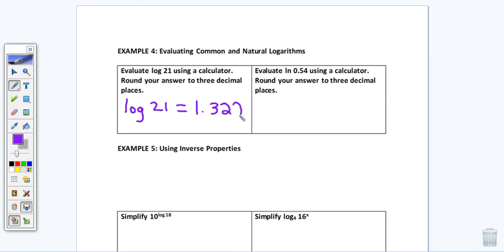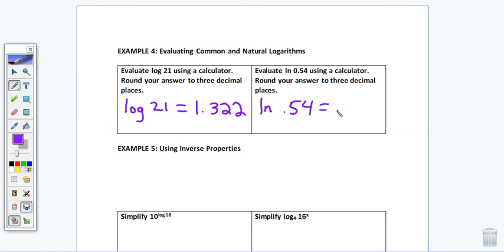1.322. I like it. The next one says evaluate not the log, but which base log? Do you guys have your LN button in there? Let's make sure we all get the same values. When you go natural log of 0.54, what do you get? Negative 0.616.